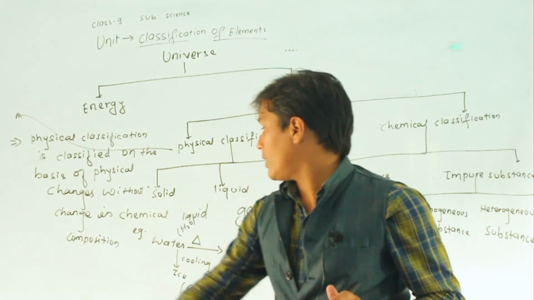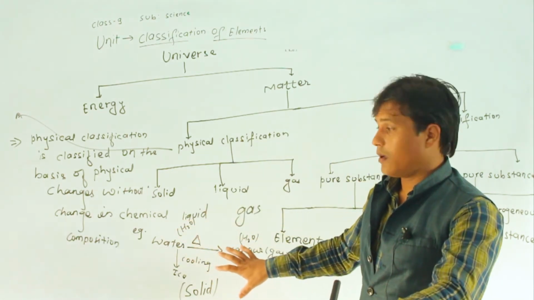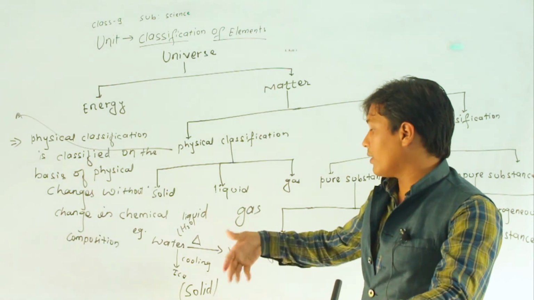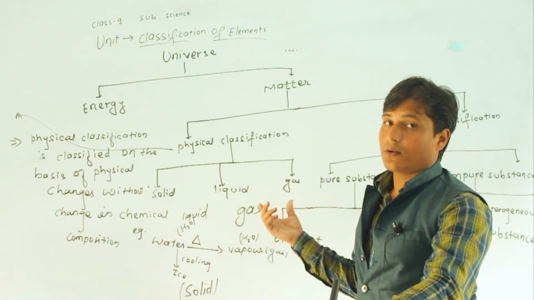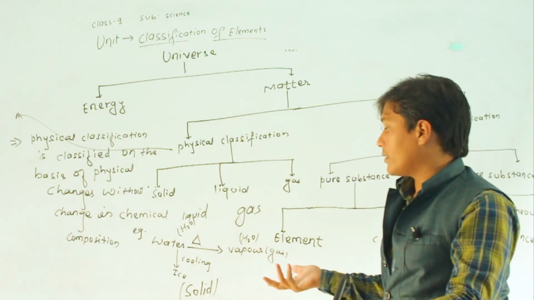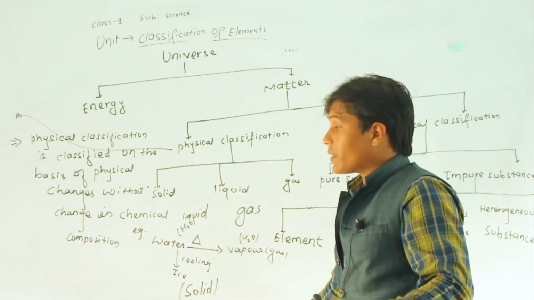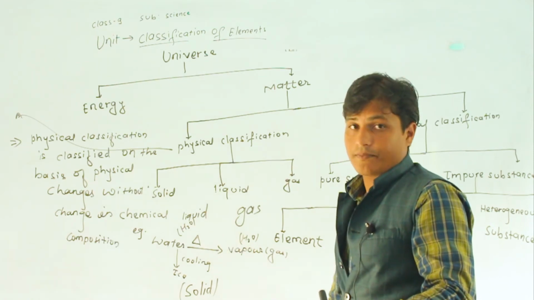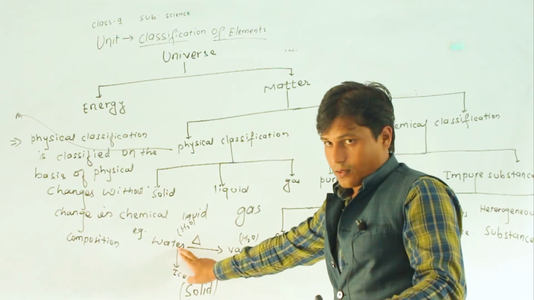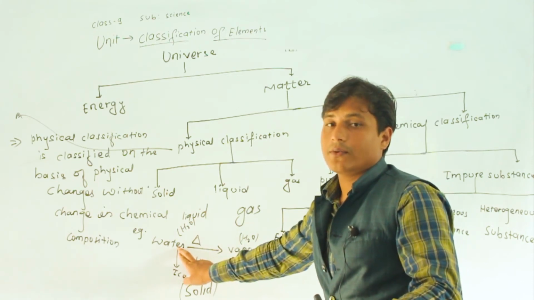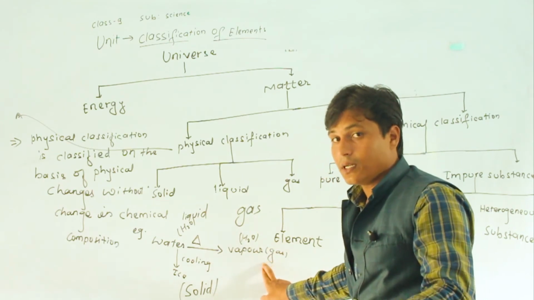Okay, so from this example we got the information about the physical classification, and your doubt will be cleared. Once again, I will tell you. Water, which is liquid, when it is heated, becomes vapor.